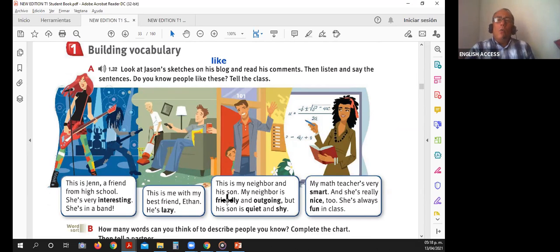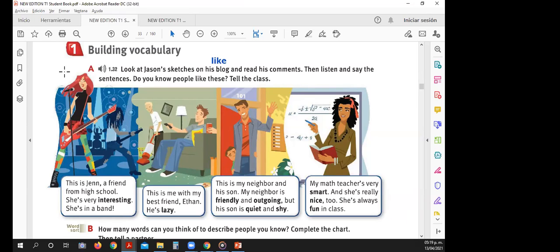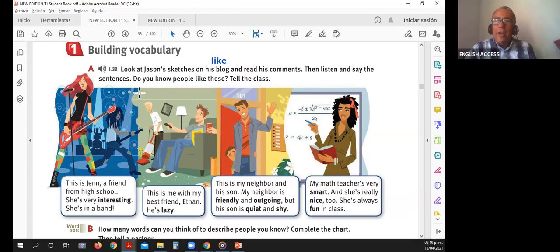Now, tell me about the pictures, please. In picture number one, what kind of people are in picture number one? Singers, okay, musicians. Where are the people in picture number two?